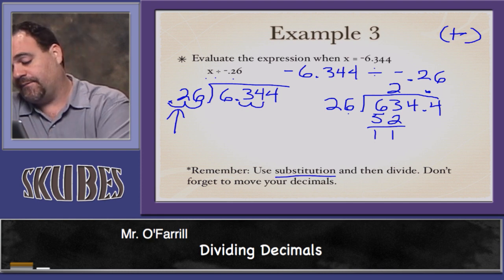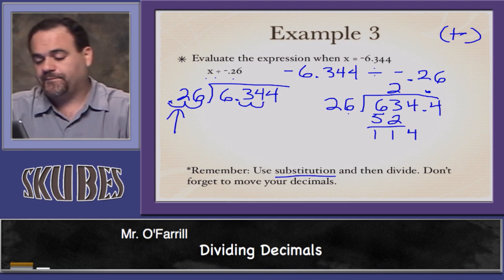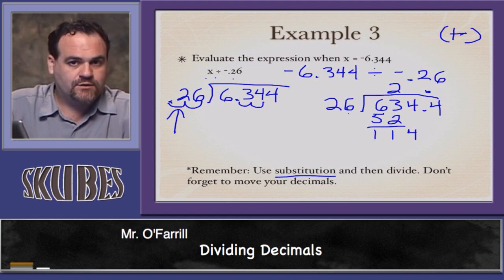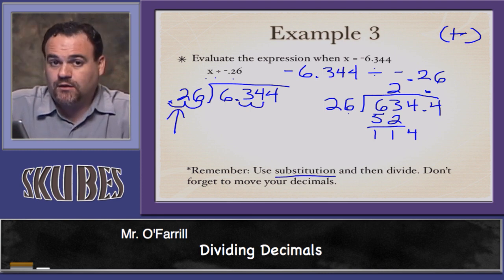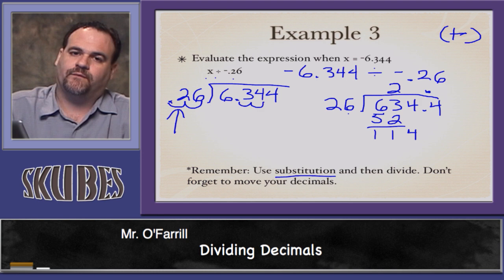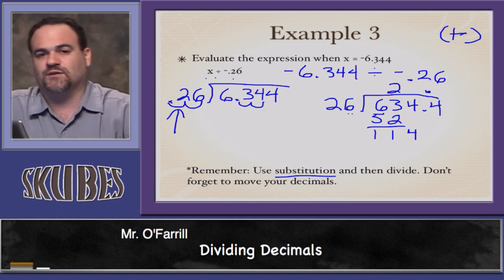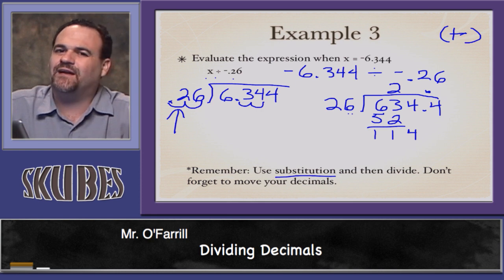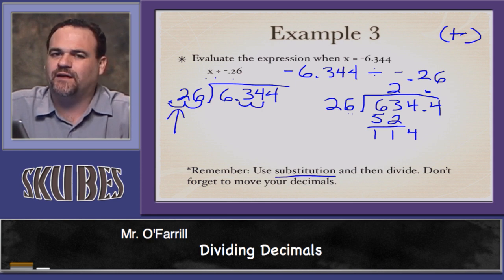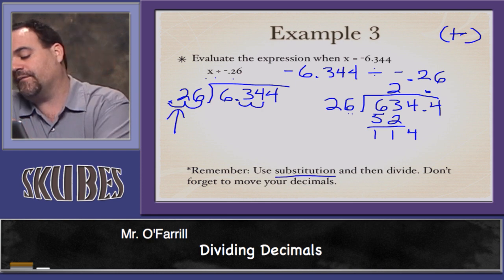And now we'll bring down the 4. 26 into 114. Well, I know that 2 goes into 10 5 times. But 5 is an awfully big number to combine with the 6 that's over there. So instead of 5, again, I'm going to go a little bit lower here just to try that out. Let's try 4 times.